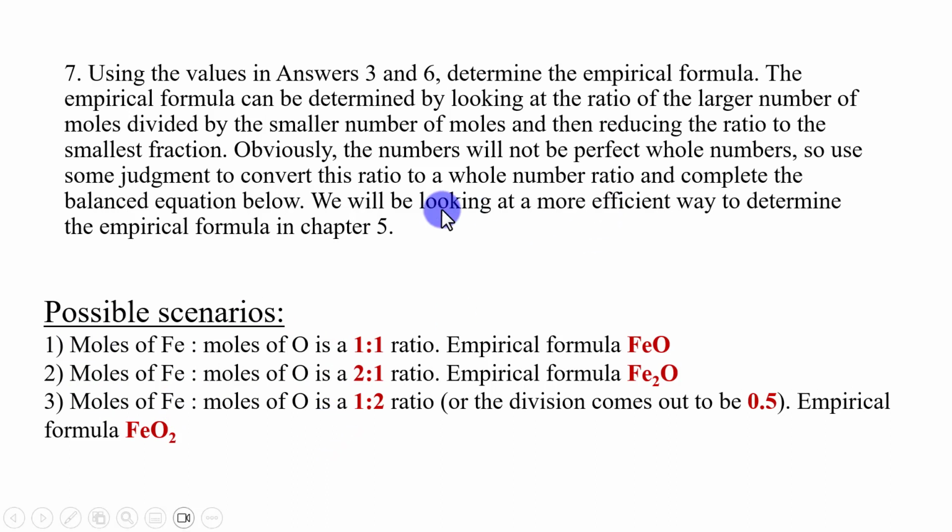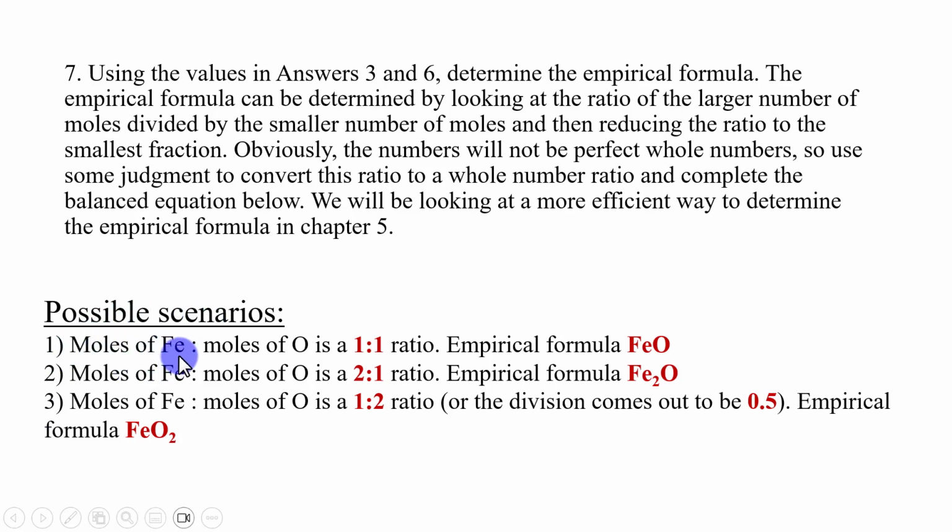And there will not necessarily be whole numbers, perfect numbers, okay? But if they are close to 1, let's say you get 0.95 or even 0.8, you can round it to 1. Or if you get 1.8, then round it to 2, etc. But if you get something in between, like 0.5, then don't round. There's the 3 possible scenarios.